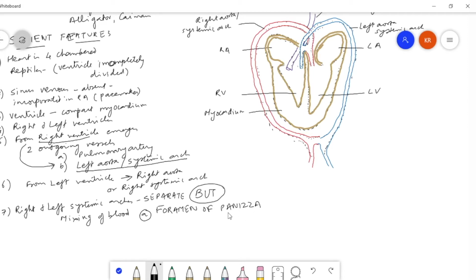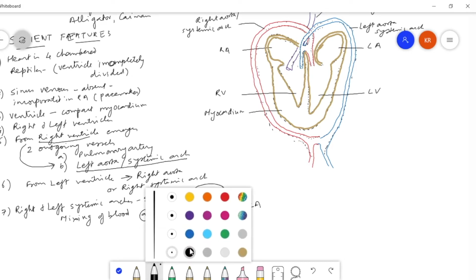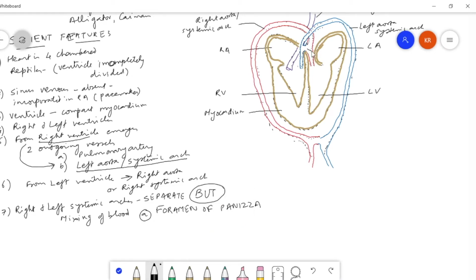So where is this foramen of Panizza? Just when the right and left systemic arches emerge out. So we will mark it here. This is the foramen of Panizza.